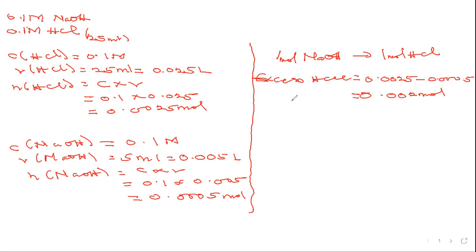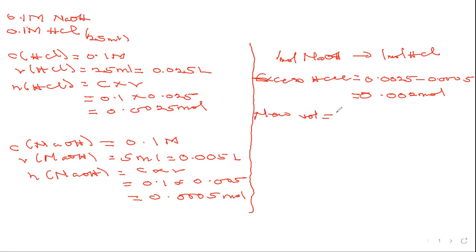Does that make sense? Once again, take note that once you are adding something else to the acid, the volume of the solution in the conical flask will change. And so what you have to do is to find the new concentration of your solution. But you can only do that by knowing the new volume of your solution.